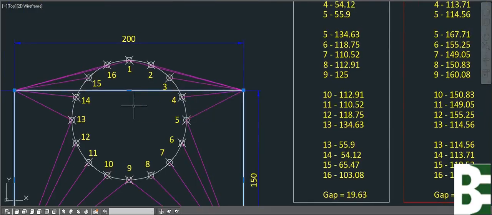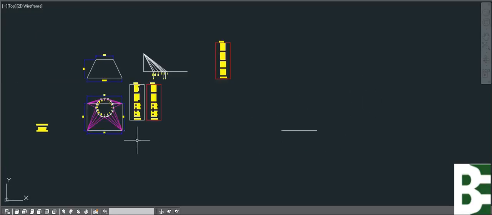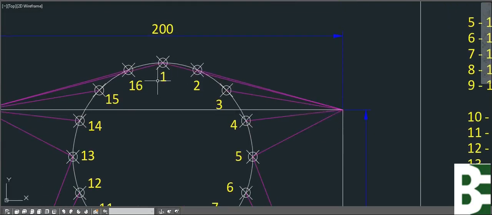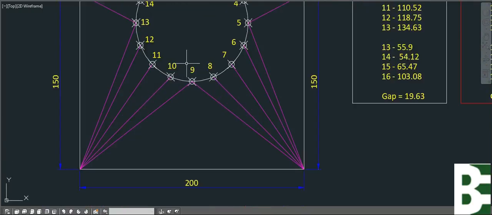You can start from number 1, but for me it's too easy to start from number 9. You need to just remember from where you have started and all the dimension, either the clockwise or anti-clockwise. You just follow the direction.